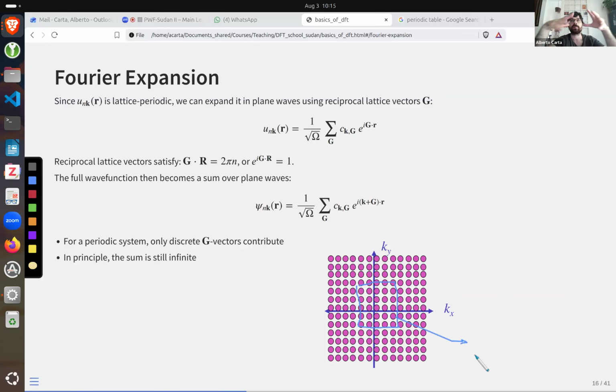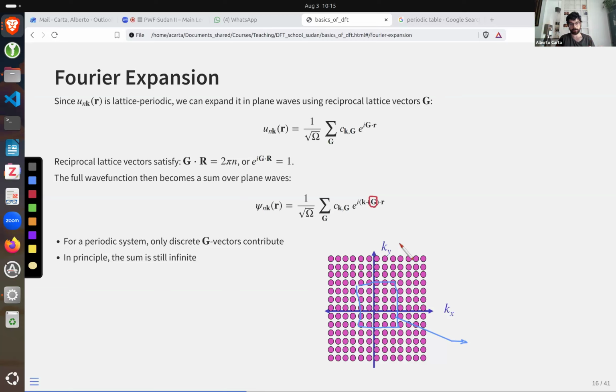So this will be the space of k vectors that we can have, and for each of these k vectors, we're going to get these G vectors here, and the combination of these two will cover the entire space of functions that we can have in our crystal.